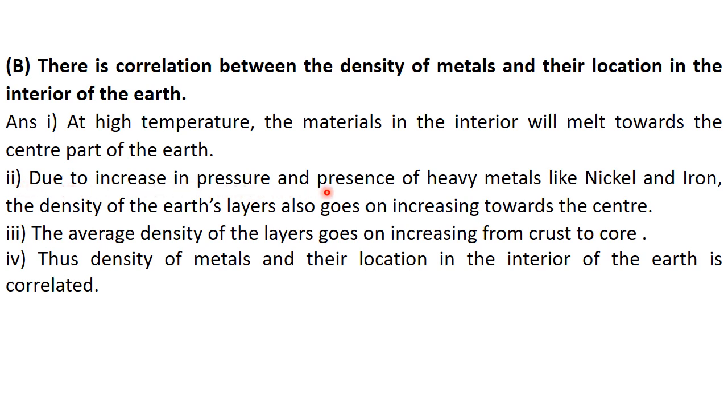Due to increase in pressure and presence of heavy metals like nickel and iron, the density of the Earth's layers also goes on increasing towards the center. Point number 3, the average density of the layer goes on increasing from crust to core. Point number 4, thus density of metals and their location in the interior of the earth is correlated.